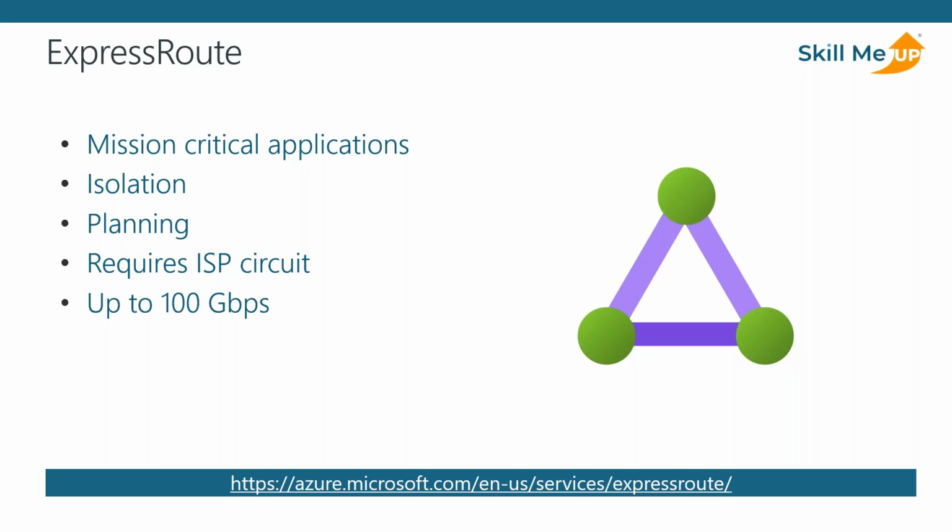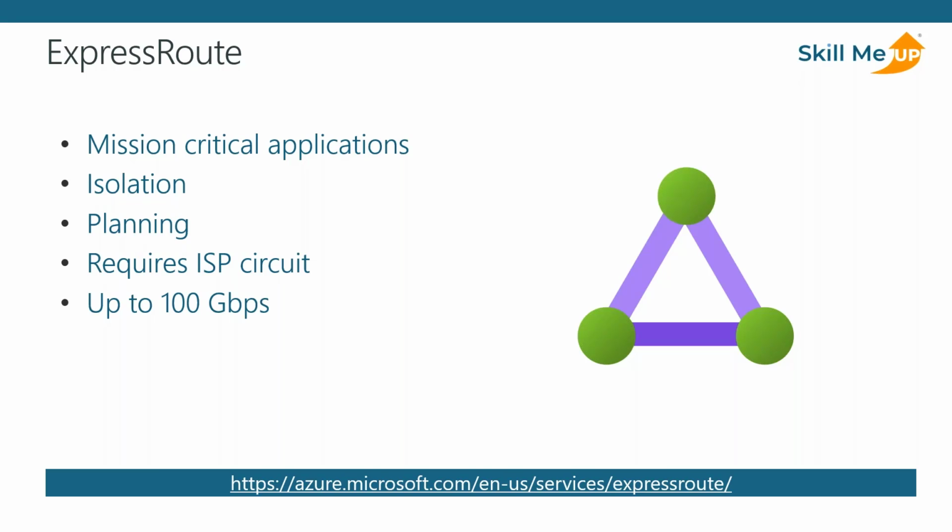Some key things around it: it takes more planning to implement, because you need to make sure your current ISP has the ability to provide you with that circuit, as well as then you need to order that circuit. And if anybody's ordered any circuits from an internet provider or your carrier, generally those take 30 to 45 days to get up and running.